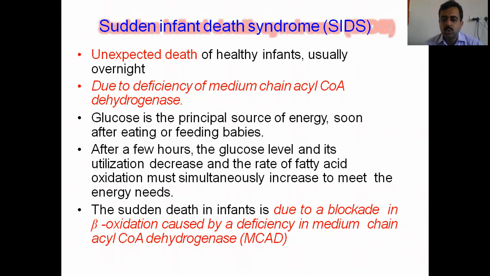Glucose is the principal source of energy, and soon after feeding, babies, after a few hours, the glucose level and its utilization decreases, and the rate of fatty acid oxidation must simultaneously increase to meet the energy needs. The sudden death in infants is due to blockade in beta oxidation caused by deficiency in medium chain acyl coenzyme A dehydrogenase.